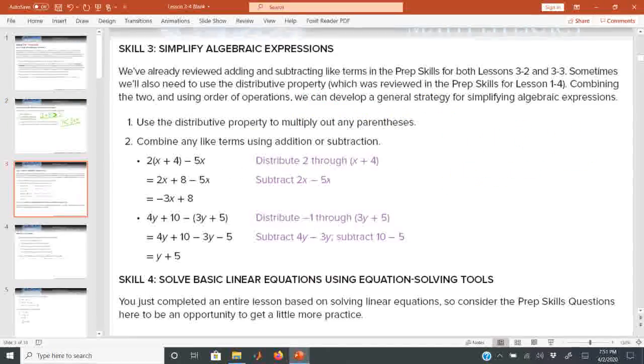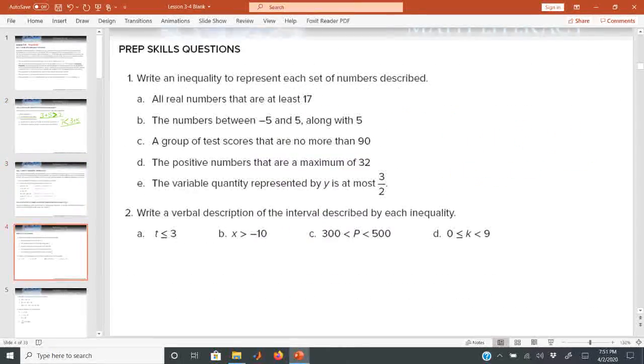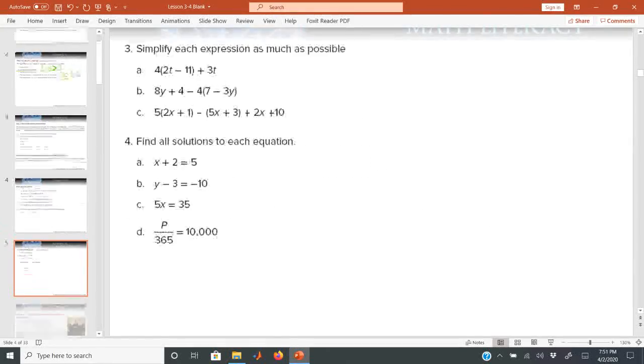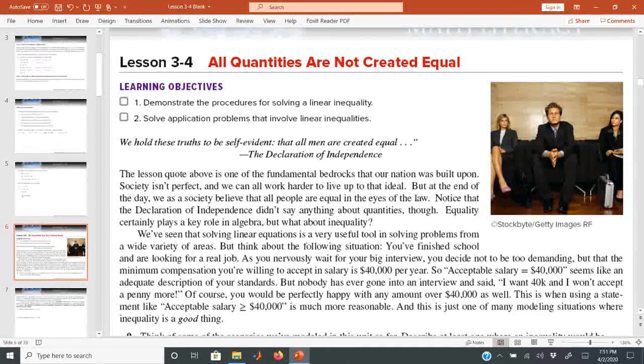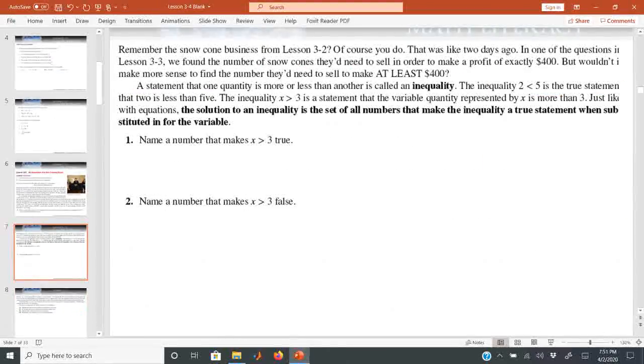At any rate, make sure you do the prep skills before you start the video. Read through the introduction to the lesson. Obviously, all quantities are not created equal. We're talking about inequalities. So we're looking at the snow cone business from lesson 3-2.